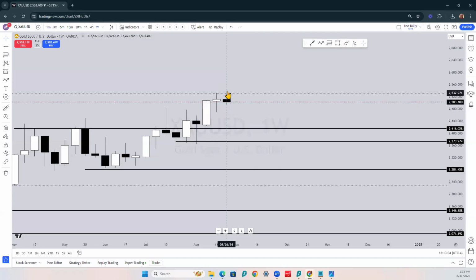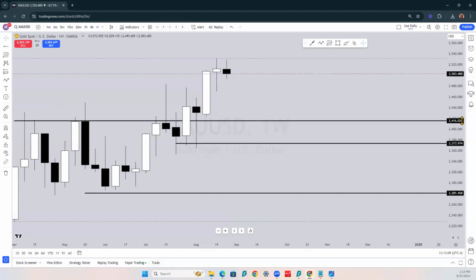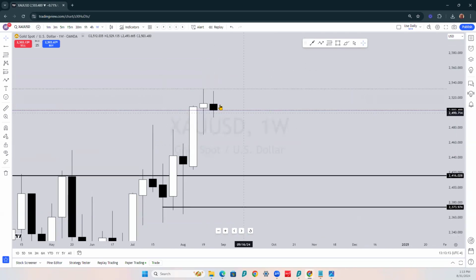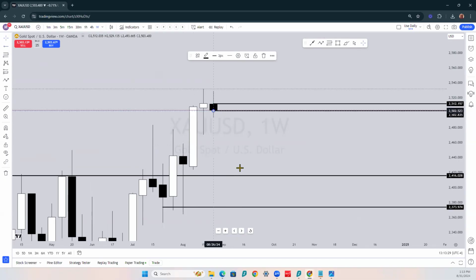This is last week's candle, and you can see it's like a doji, little body, long wicks. So what I normally do is take my horizontal ray, mark out the high, and mark out the low, because I really want to pay attention to this weekly activity to give me my bias for next week.